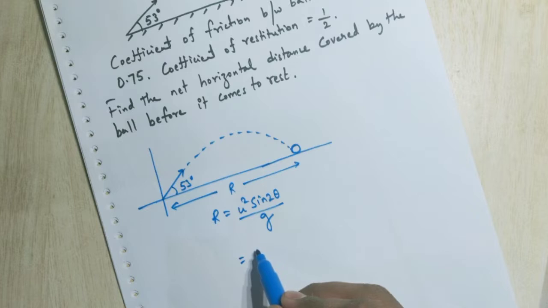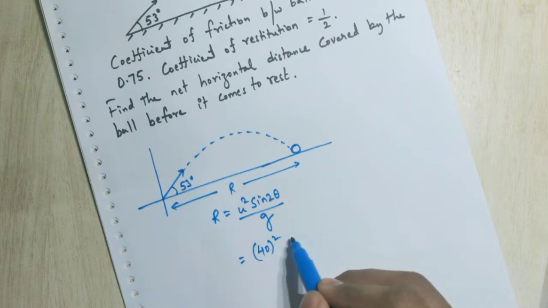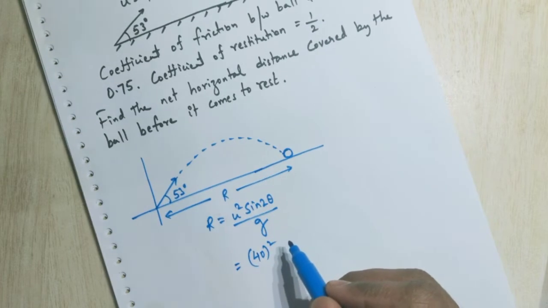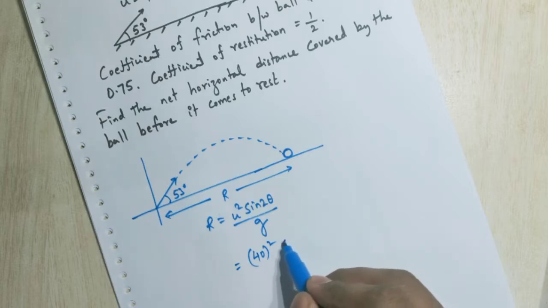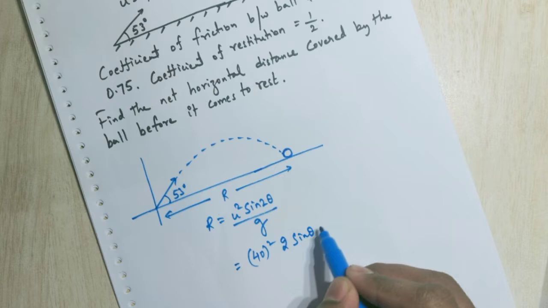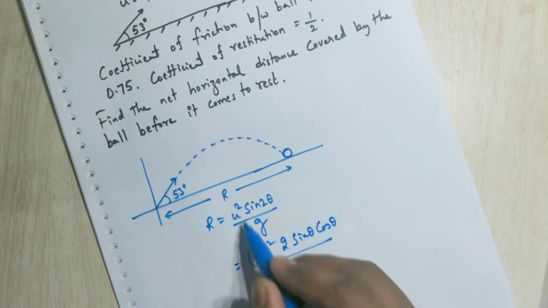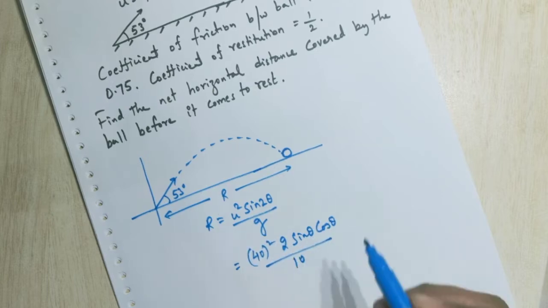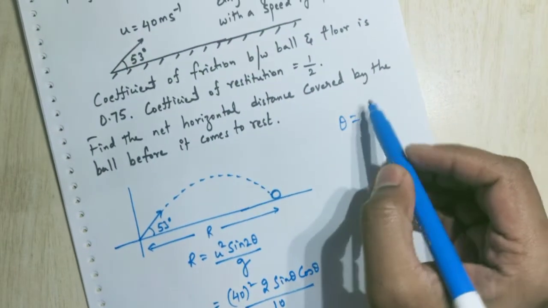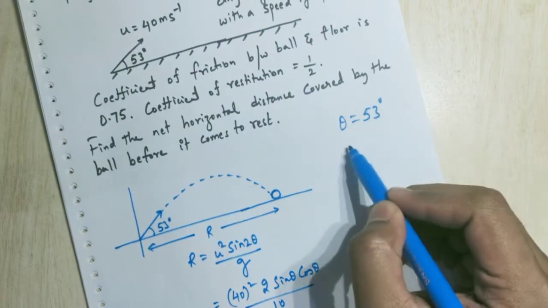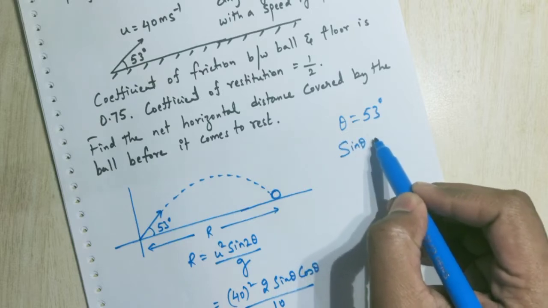U is given as 40 square, sine 2 theta, that can be written as 2 sine theta cos theta, divided by g. You can take g as 10, and we know that theta is equal to 53 degrees.